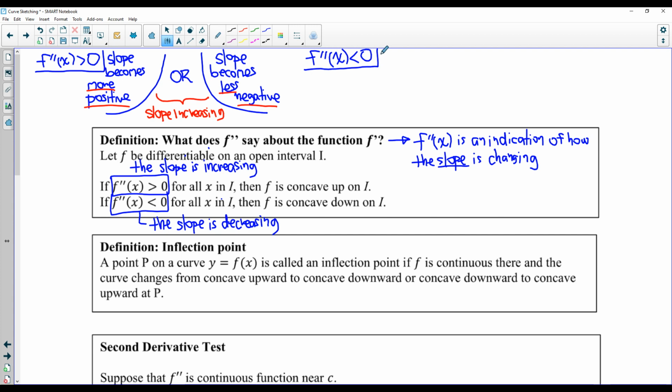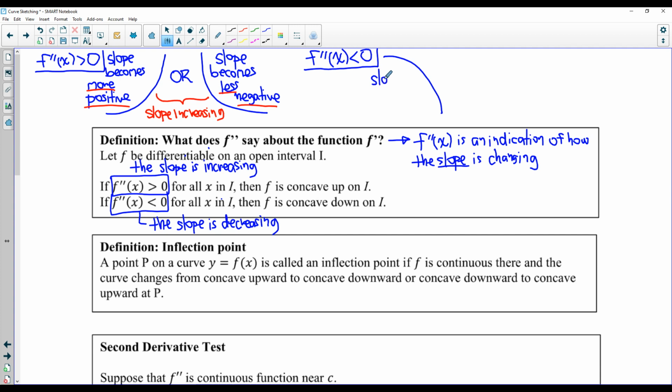So the more intuitive way in which the slope can decrease is we can just draw a curve that starts like this and then it just drops down like that. That's definitely a decreasing slope. You start off on the left side here, your slope is a small negative number, and your slope just becomes increasingly negative as you go from the left to the right-hand side of the graph.